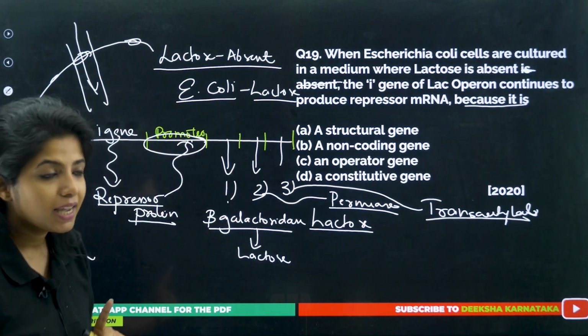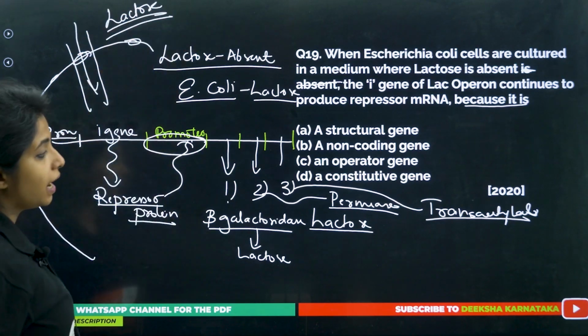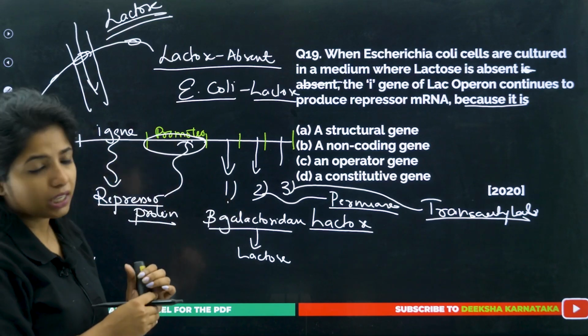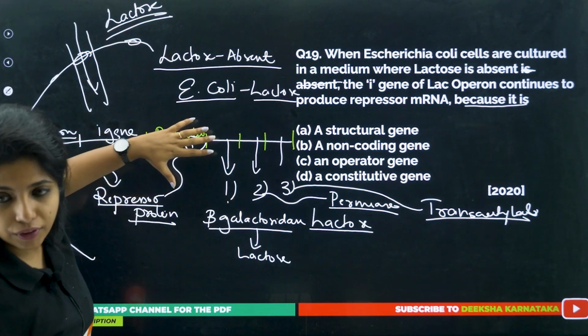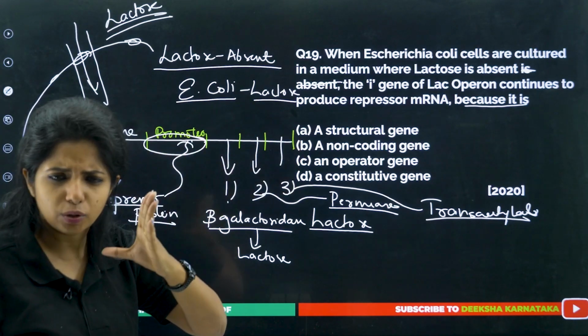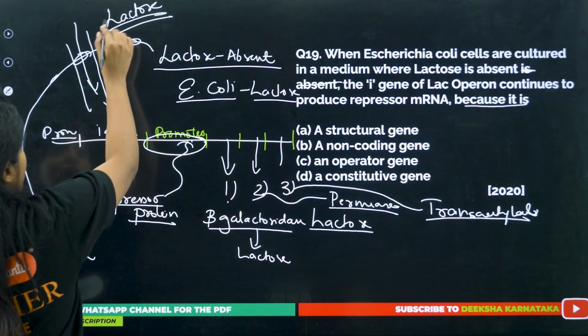But when I have put lactose in the media, what happens is that the permease which was produced initially, and I'll tell you one more thing, even though this guy is bound over there, there will be a little amount of transcription still going on, very little, which is why we have a little amount of permease, and this permease allows lactose to get in.